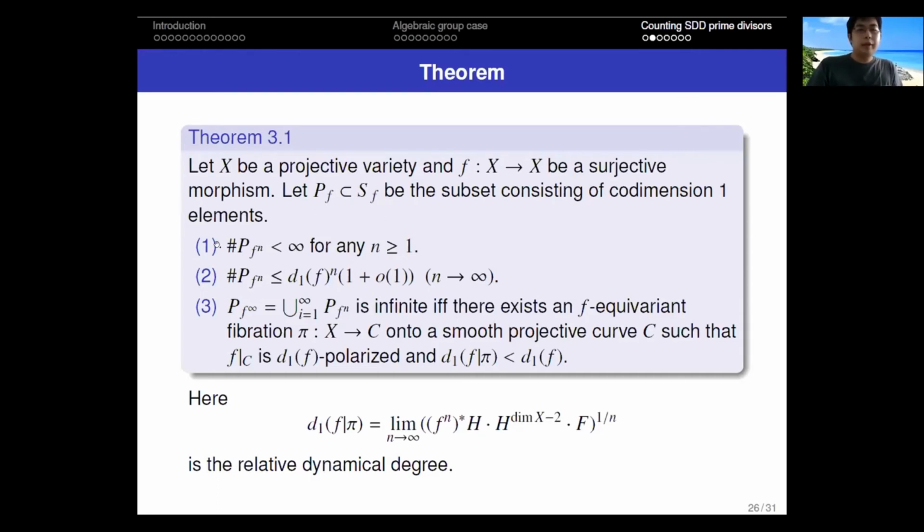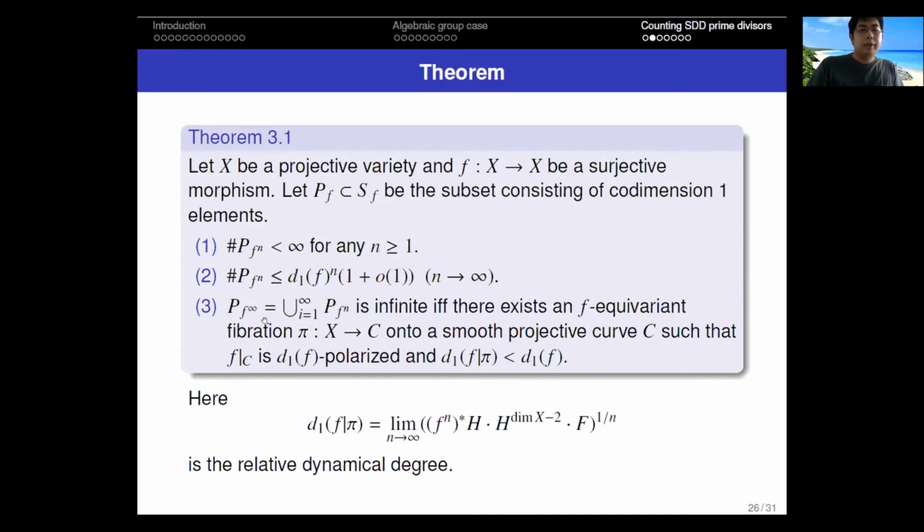And then we first prove that the set P_{F,n} is finite for any n, and we have an estimate of P_{F,n}.